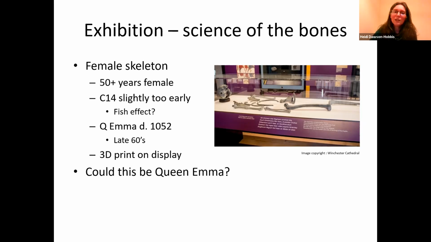When individuals have eaten lots of fish, particularly marine fish, something can happen that we term the fish effect. Because the carbon environment for marine organisms is more complex than that terrestrially, it can make the carbon-14 dates look slightly earlier than they truly are. So that could be an explanation.